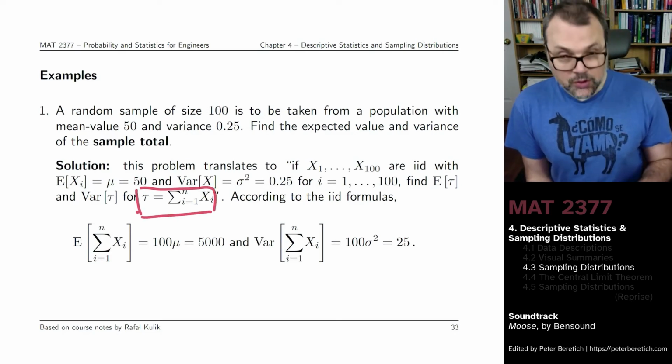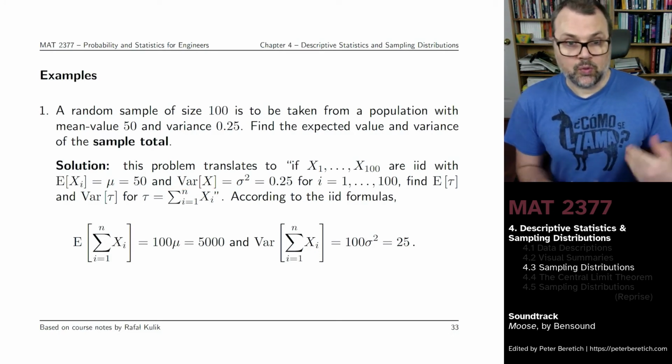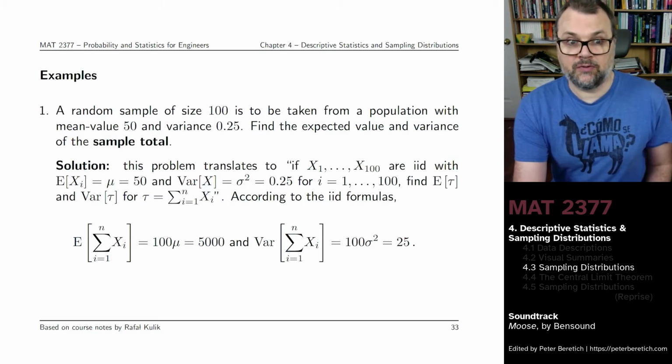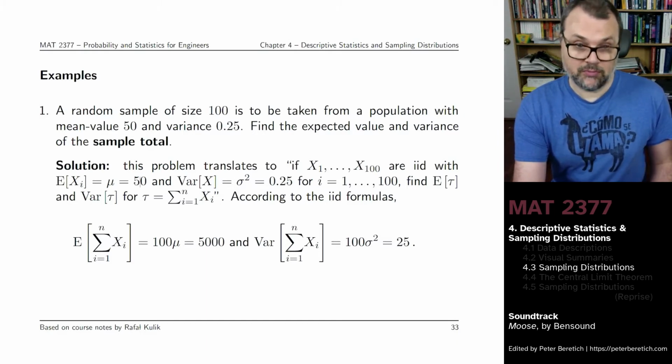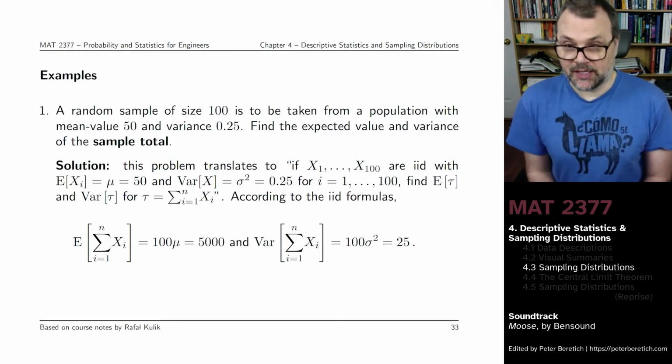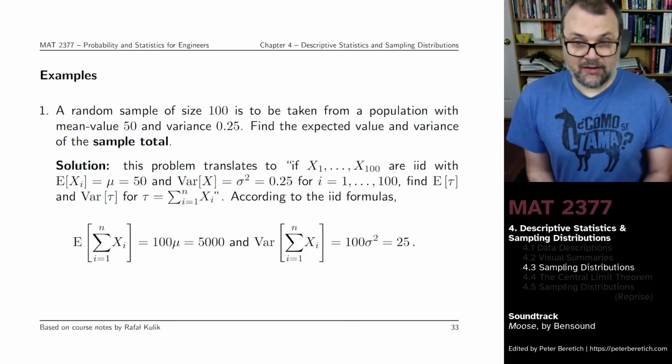But you simply use the IID formulas, right? I mean, you know what the expectation of the sum of random variables would be. It would be n times the expectation of each of them. So 100 times mu, it's 5,000. And the variance in that case would be n times sigma squared, so 100 times 0.25, which is 25.